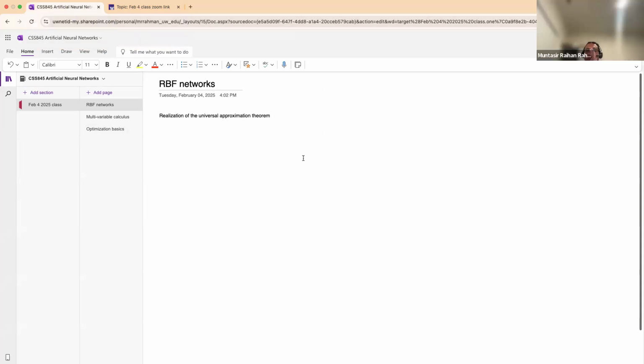I'm going to write all the notes on this OneNote, which allows me to also draw some math and diagrams. I will try to write as clearly as possible, but let me know if something is not clear, because I'm experimenting with this for the first time.